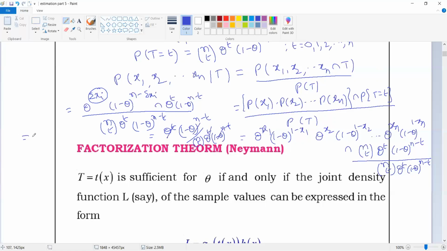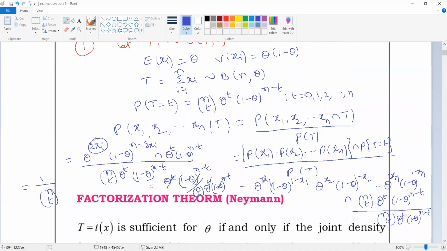The remaining part is 1 by nCT. This is independent of the parameter theta. So we can say that T is a sufficient estimator of parameter theta. T means what here? Summation xi is a sufficient estimator of theta. This is the procedure using the definition.